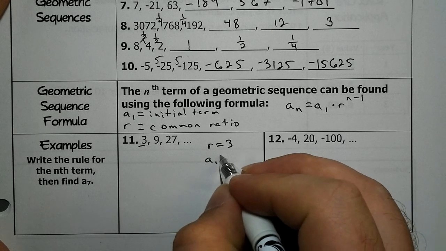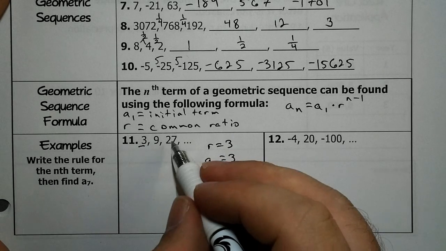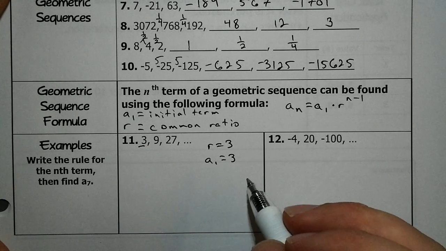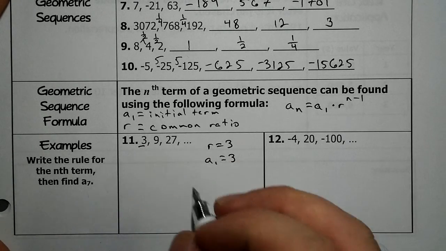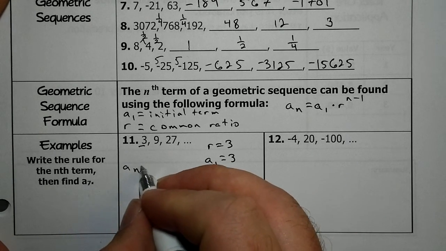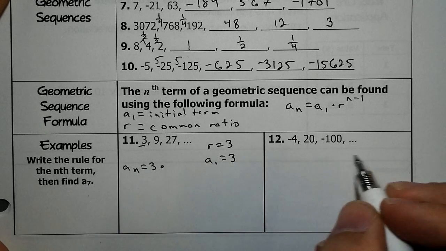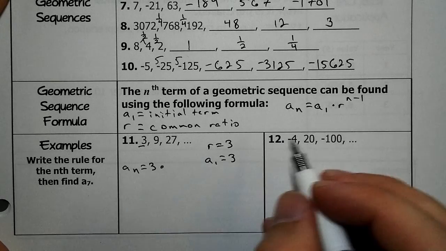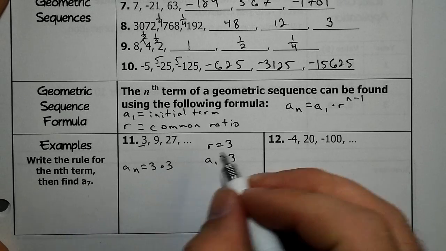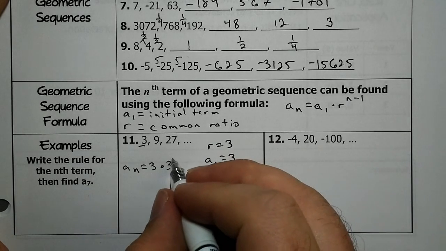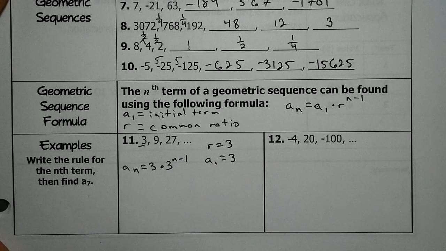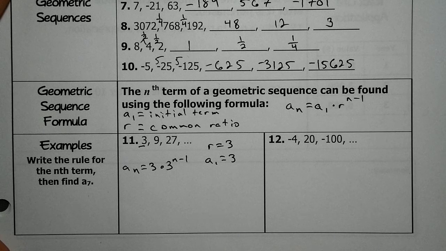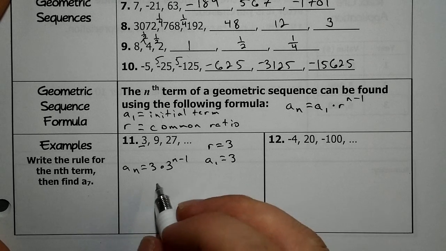My initial value is 3. 27 divided by 9 is 3, so the ratio was 3 each time. So a sub n is equal to 3 times, so we just put in our initial value first, right? Times the ratio, 3 to the n minus 1. Now for this, we cannot really simplify it. That's as simple as it gets.